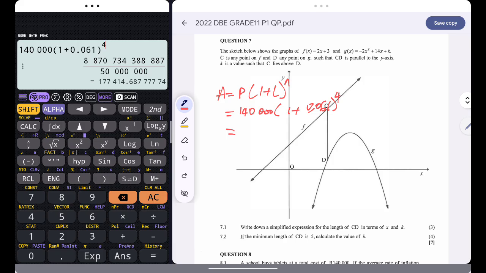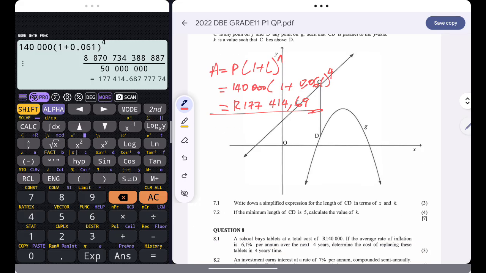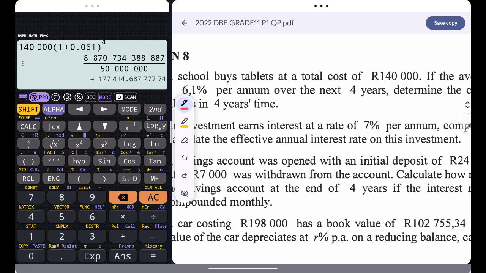The total cost of the tablets in 4 years will be 177,414 rands and 69 cents. So the cost of the tablets in 4 years is just 177,414.69.